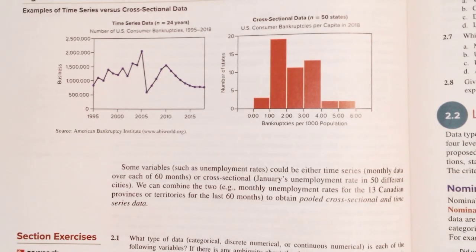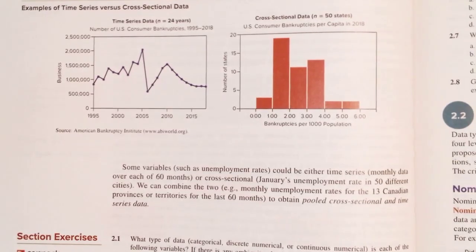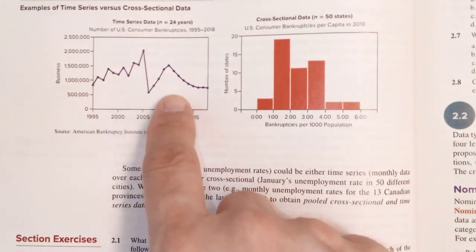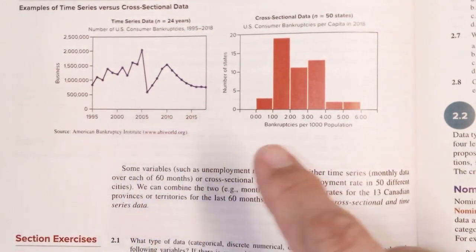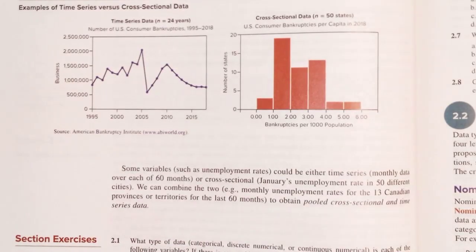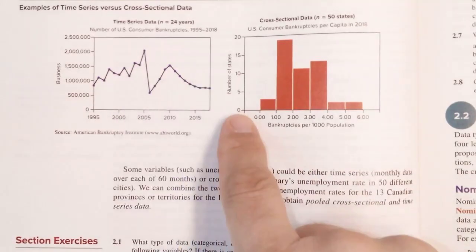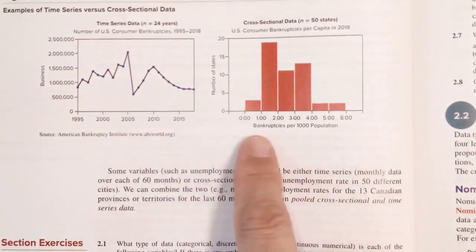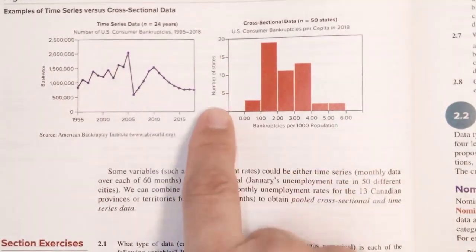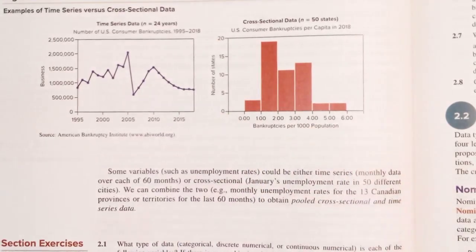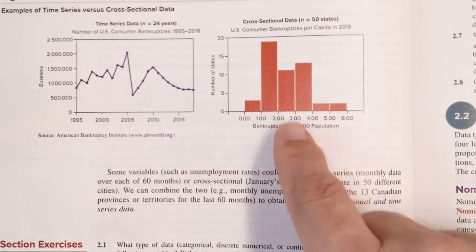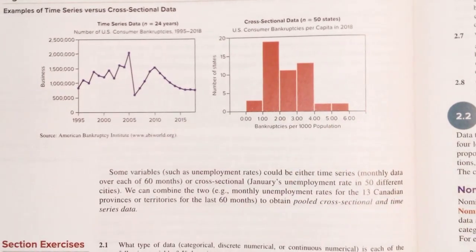It is rare to see cross-sectional data in this sort of fashion, because when everybody sees this, they think it's going from left to right, and so there's a kind of built-in bias that this should be a sequence of things. This is just based on the number of states that have how many bankruptcies per 1,000 persons. That's just categories. So this is a cross section. This is a time series.